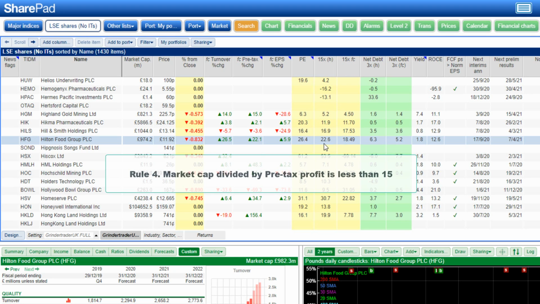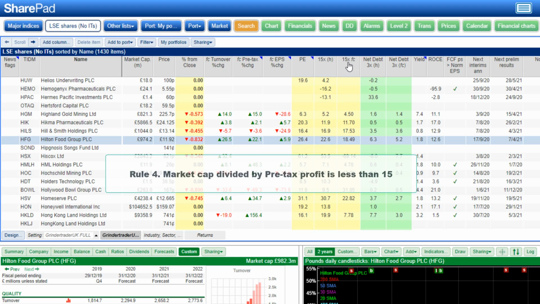On the historic one, this is basically the last reported pre-tax profit on the financial statement. Although it's divided by the current market cap, it just tends to give me a historic valuation of, and it's over 15 times. So it lets me know it's a little bit expensive. It sort of aligns with the PE in this regard.